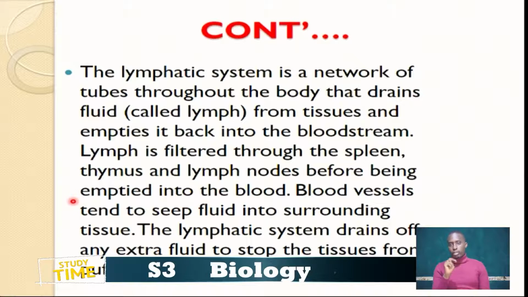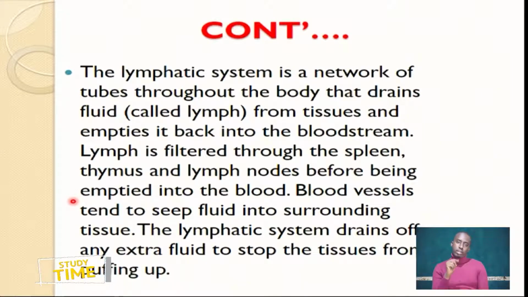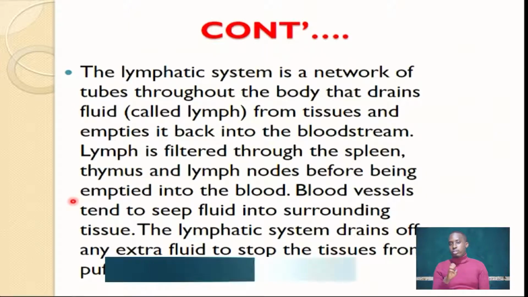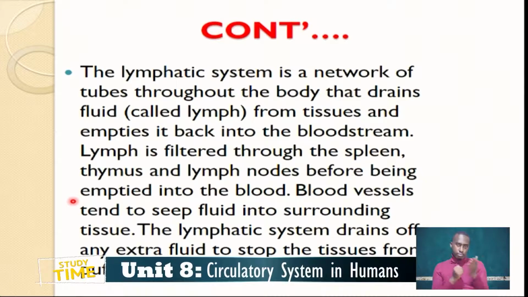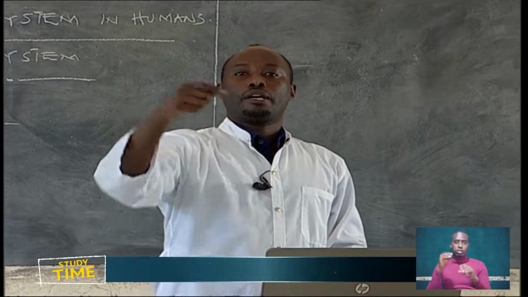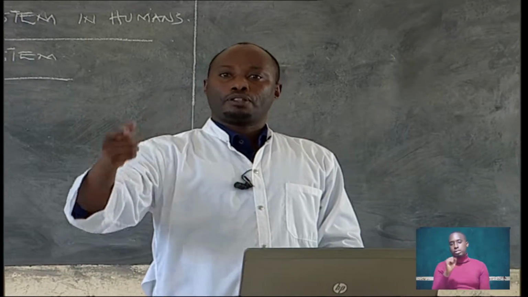Some of you have seen a drainage system in swamp areas where water is drained back into the river, or in marsh areas where people are cultivating rice. Water is not released just anyhow; it has to be returned. So the lymphatic system is able to return the lymph fluid into the bloodstream.